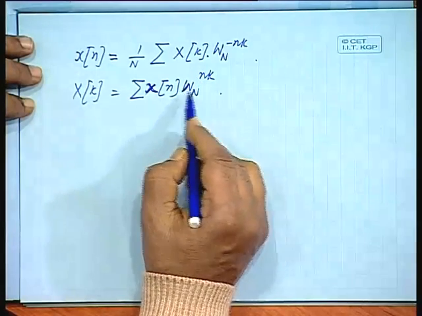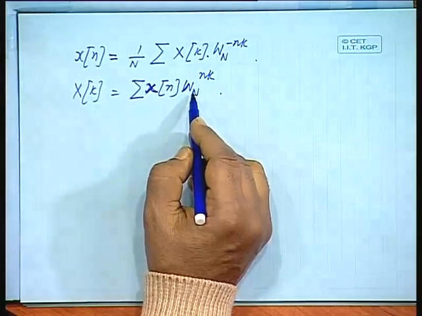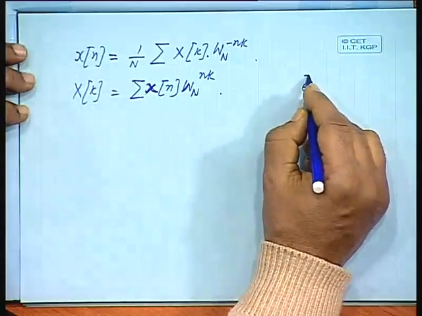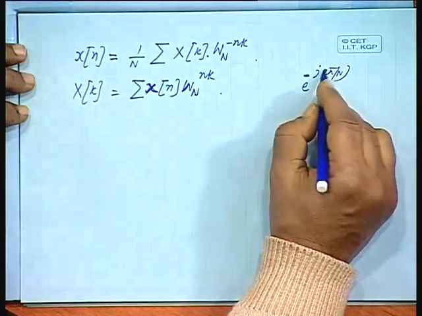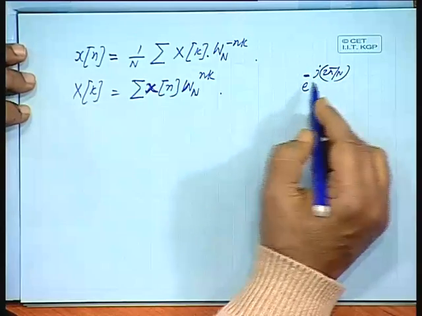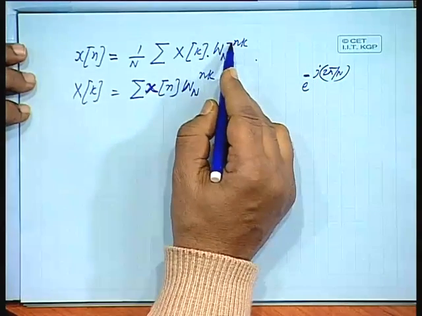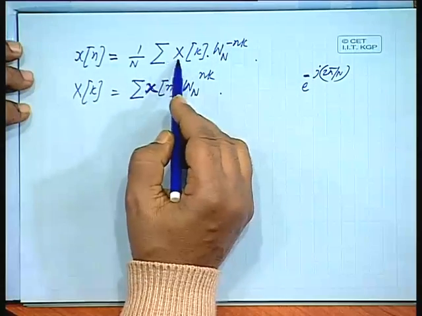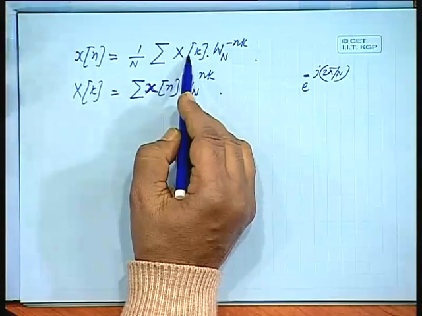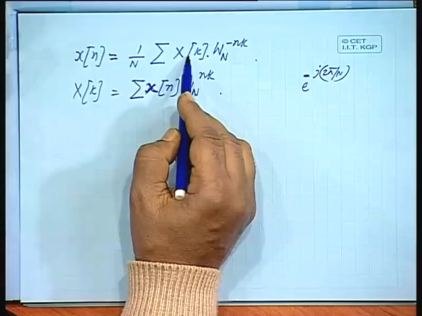Mind you, W has associated with it a negative power here, minus j2π/N. So this means plus j2π/N. If you are given this set of X[k], the 8 discrete Fourier transform points, you can always get back x[n].